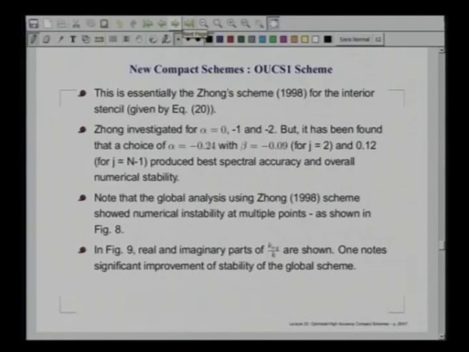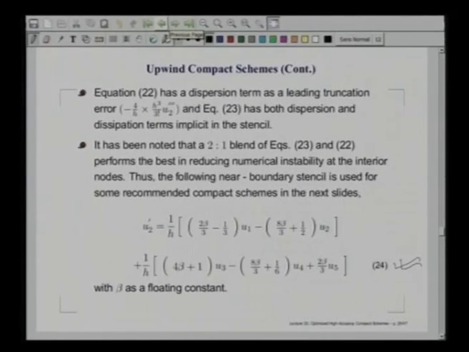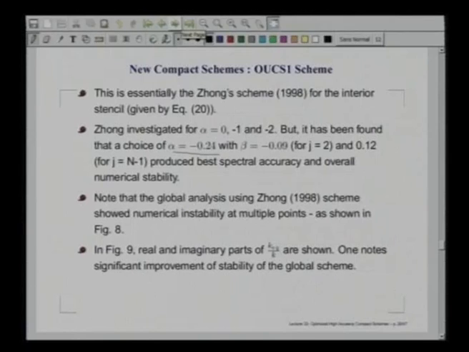We fixed the value of alpha, and if you recall, for the point 2 we have a floating parameter beta. So, we can choose the value of beta to tune, and that is what we did in fixing this Zhang scheme. We found that we need to take a value of beta equal to minus 0.09 for j equal to 2 and plus 0.12 for j equal to n minus 1.